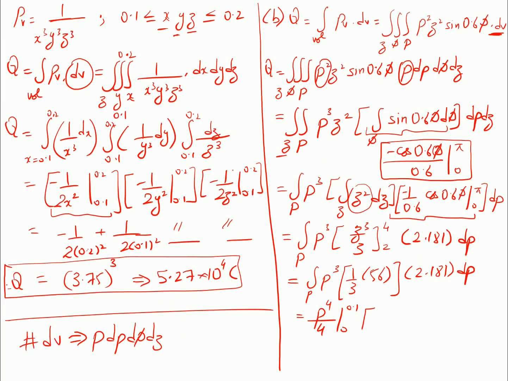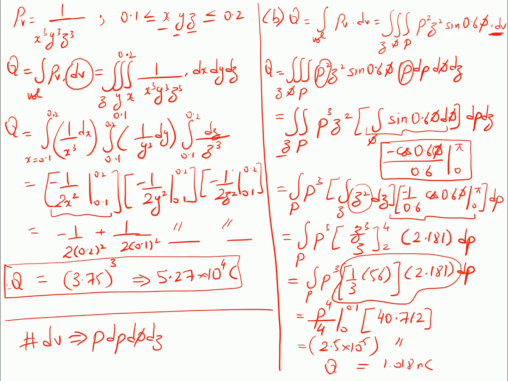If I multiply these two entities, it comes out to be 40.712, and then if I solve for rho by putting the limits, it comes out to be 2.5 into 10 raised to power minus 5, and you multiply it with this value, so the final charge that is available comes out to be 1.018 nano coulomb.